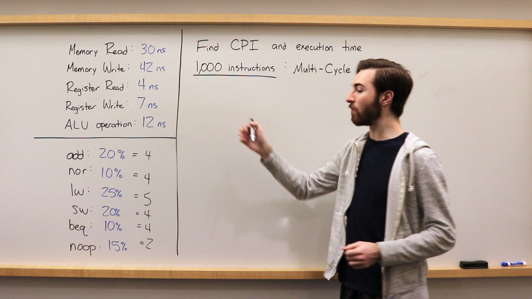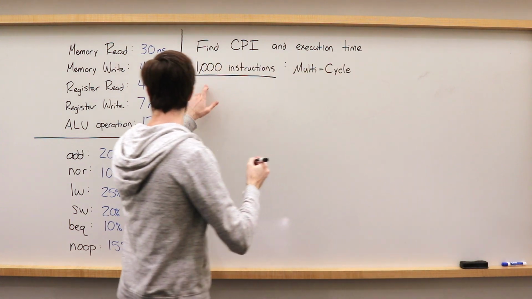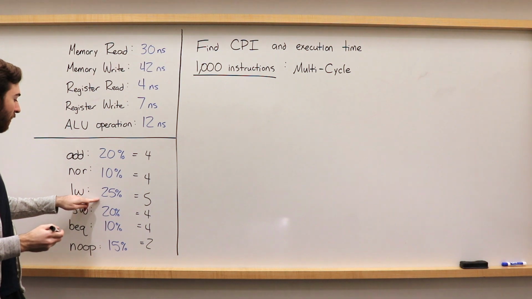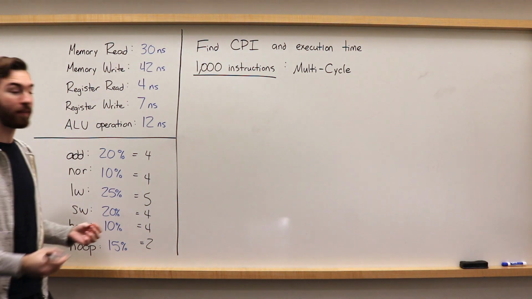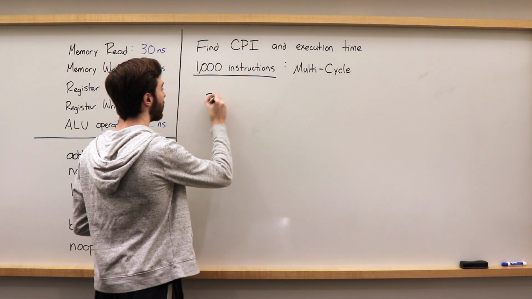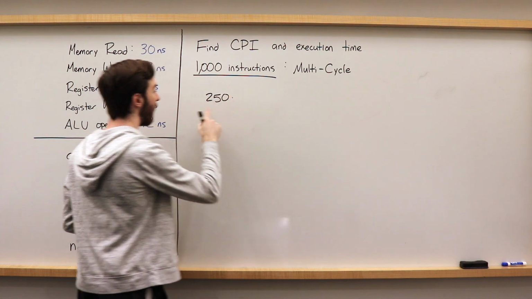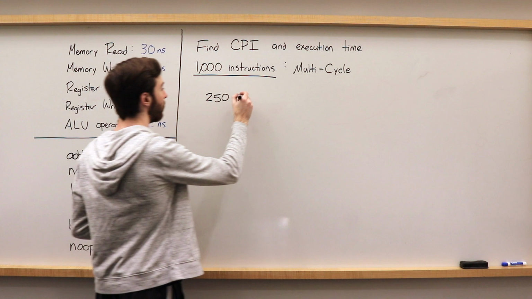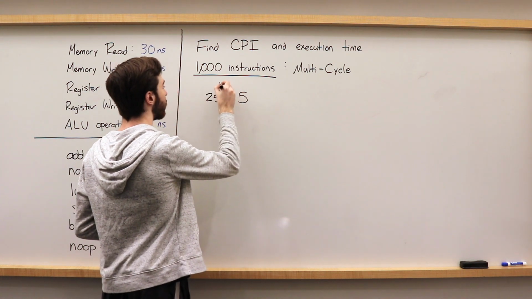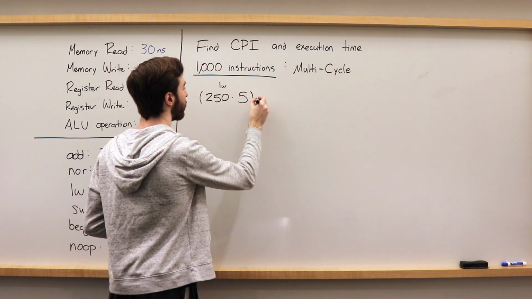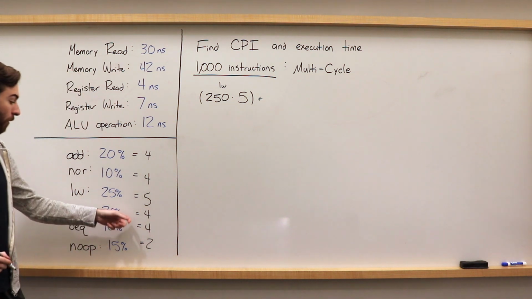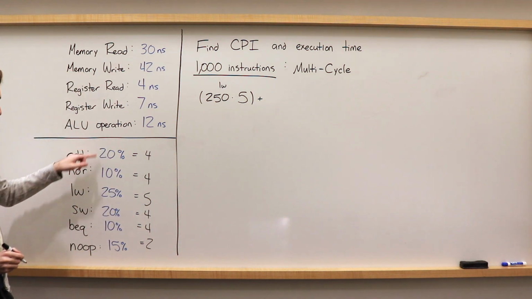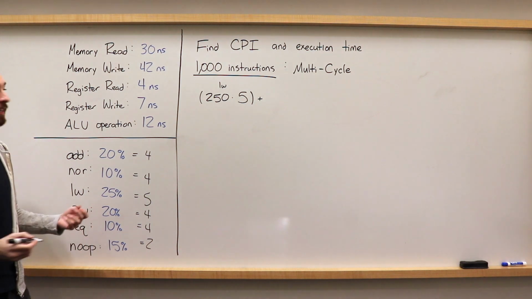So we have 1,000 instructions, and that means that if we have 25% of them as LW, we have 250 LW instructions. So we can do 250, and each of those 250 LW instructions takes 5 cycles to execute. So this is LW. And then all of the ones that take 4 cycles to execute, we can add up their percentages, and that's 30 plus 30 is 60.